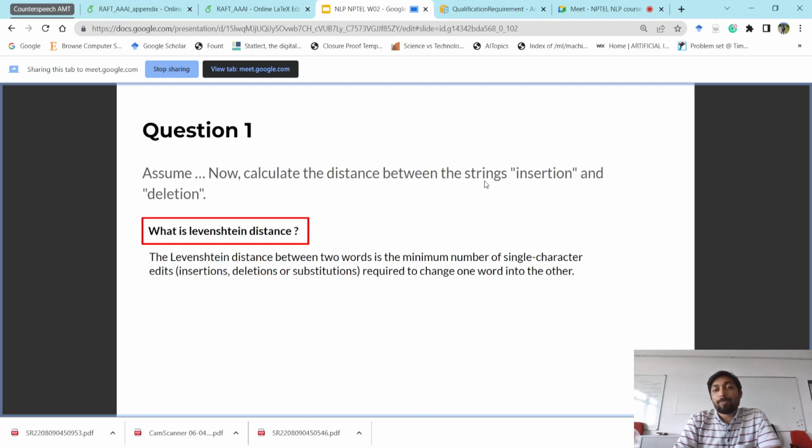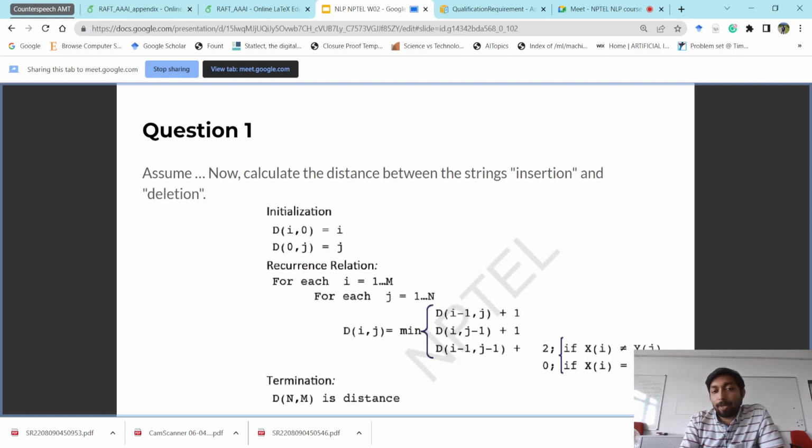So one way could be to just see how many changes are required. You may randomly see the word, okay, these are the changes, and then you decide, okay, these are the number of changes required. But how do you know it is the minimum? So for that, we will use this algorithm. This algorithm tries to find the minimum change required.